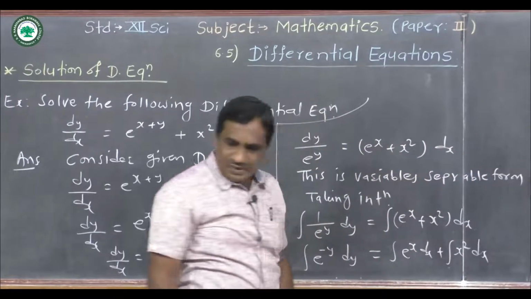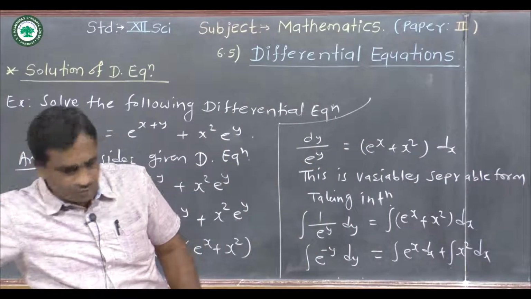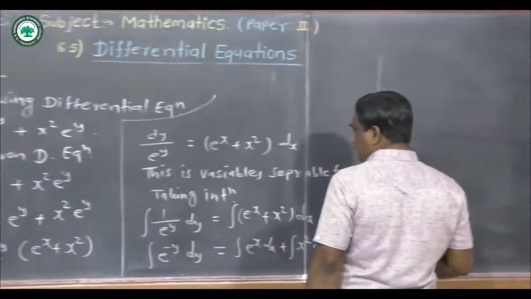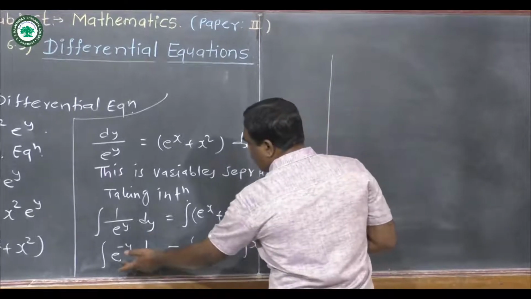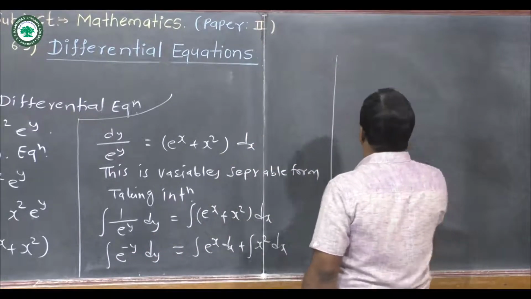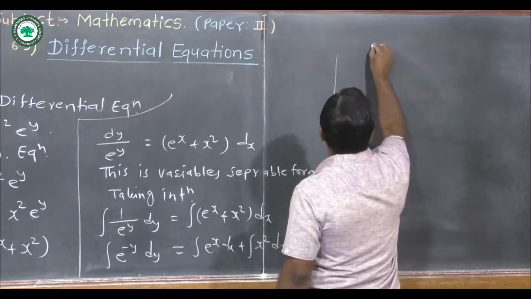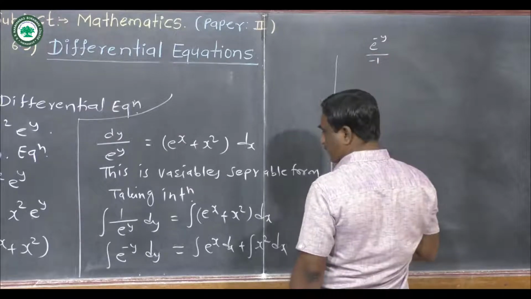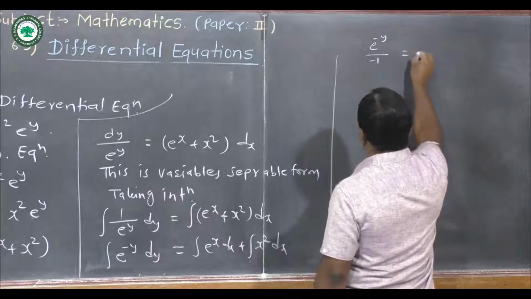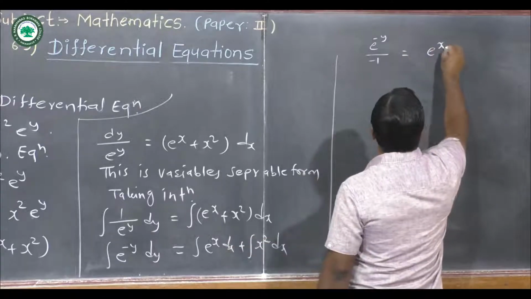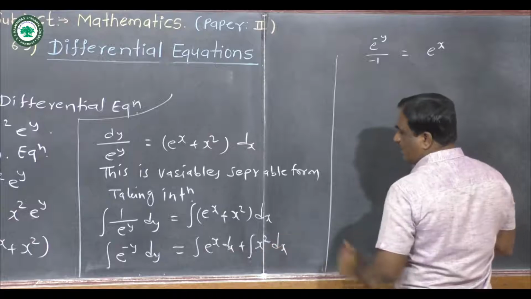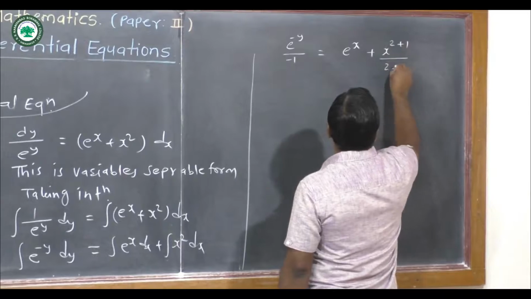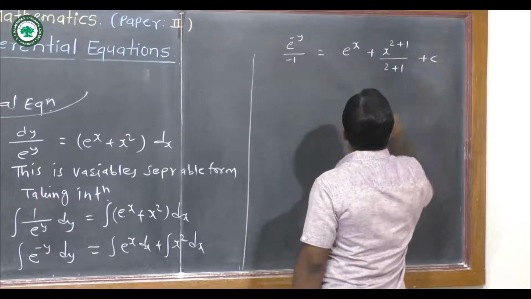Now further we can find integration of these two integrals. Here we can use the formula: integral of e raised to minus y with respect to y is e raised to minus y upon minus 1, equal to integral of e raised to x, which is e raised to x, and integral of x square is x raised to 2 plus 1 upon 2 plus 1, plus constant of integration c.